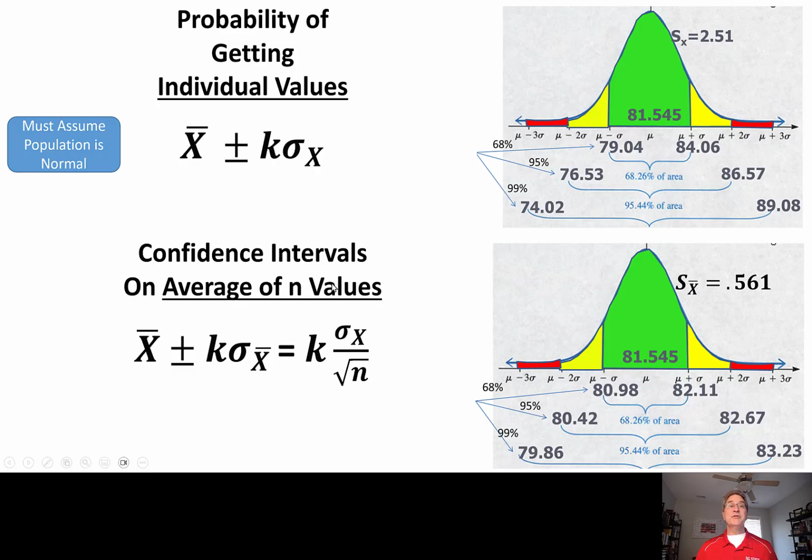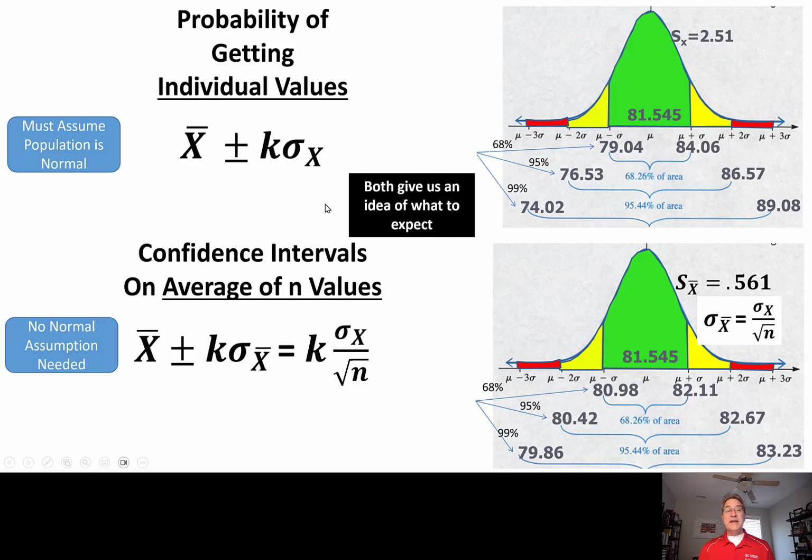N is our sample size. And for these, we don't have to assume they're normal. They both give us an idea of what to expect. The difference is up here, it's telling us what we can expect from individual values, what kind of range. So if one part is below, I go to jail, I'm interested in up here.